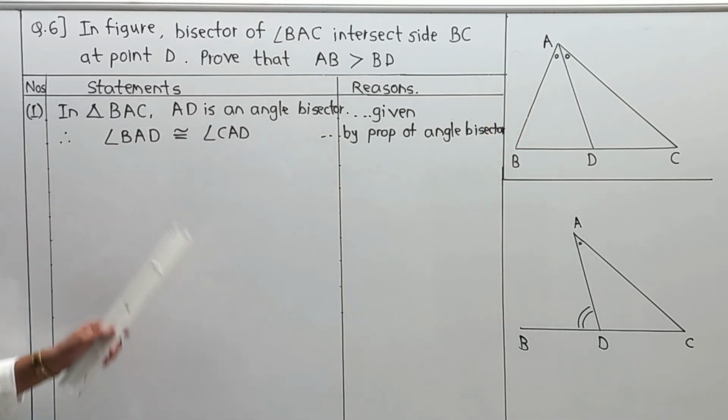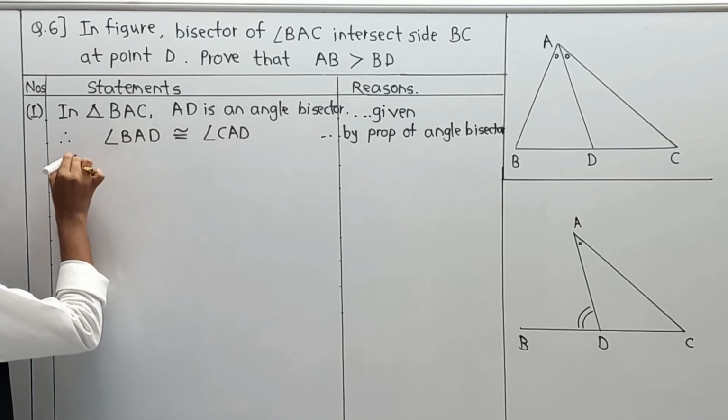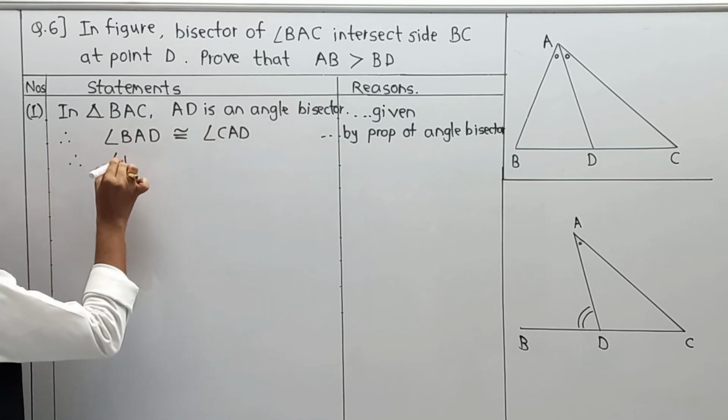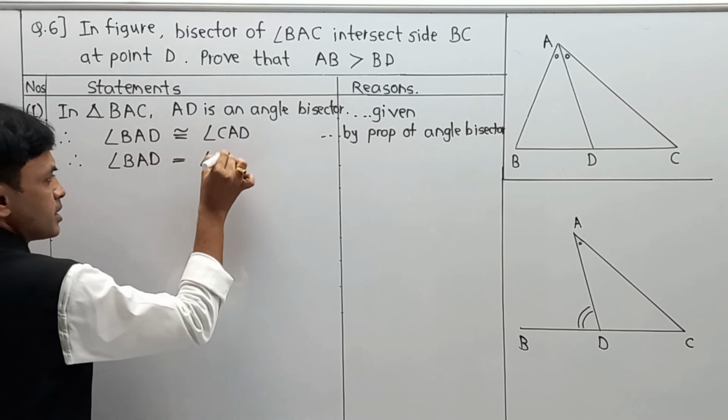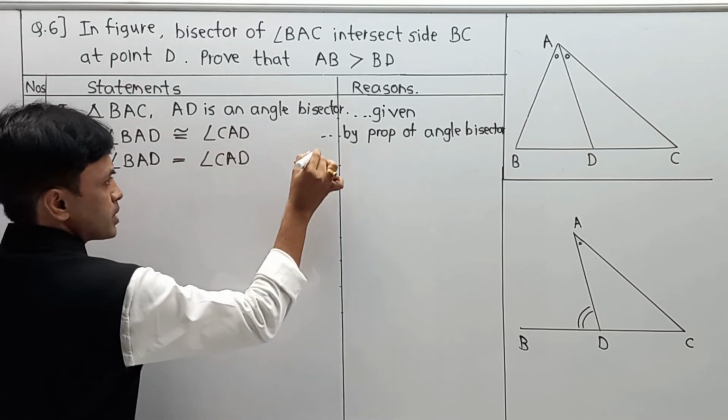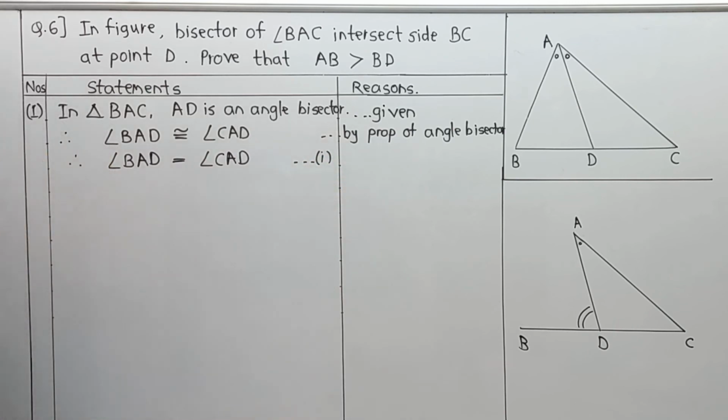Now as BAD is congruent to CAD, we can also write angle BAD is equal to angle CAD, and I'm going to call this equation number 1. That is our first part that we are able to complete.